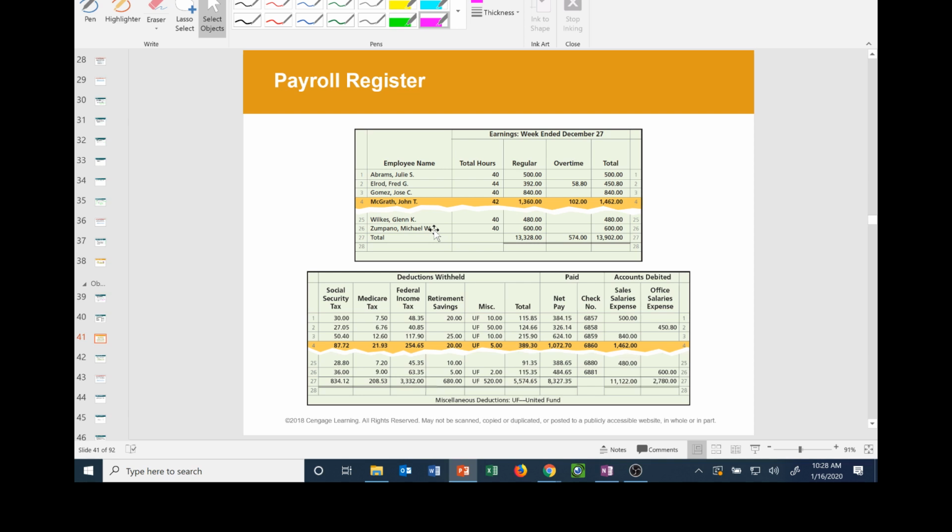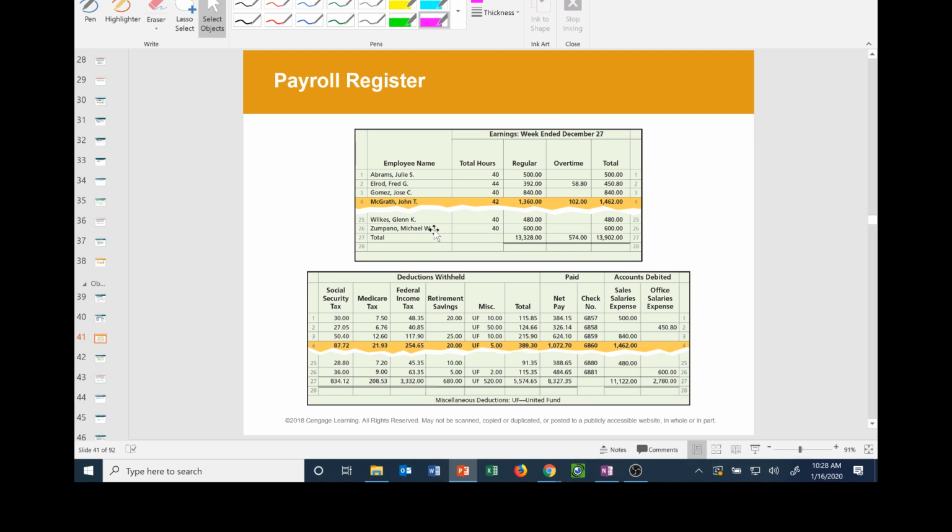You got all the names of all employees, and you got the hours worked, regular and total. Then you got deductions for Social Security, Medicare, federal income tax, retirement, miscellaneous, United Fund. You got total deductions, so you got net pay, and over here is sales salary expense and office salary expense.